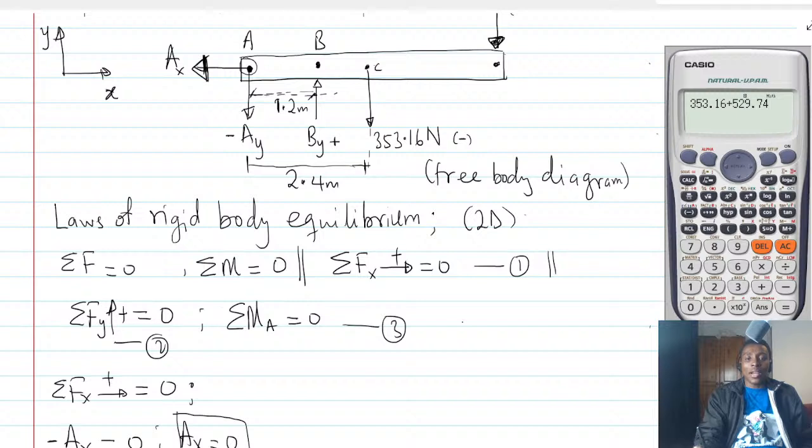Let's come to the next force, the 353.16 force. You see that with this force, if this is C, the distance from C to A is 2.4. So I'll multiply the 2.4 with the 353.16. But what is the direction?